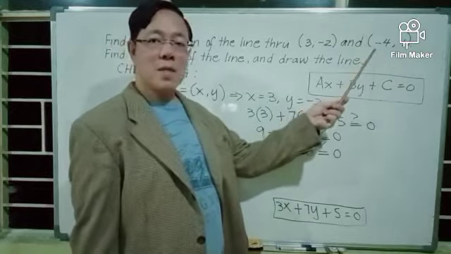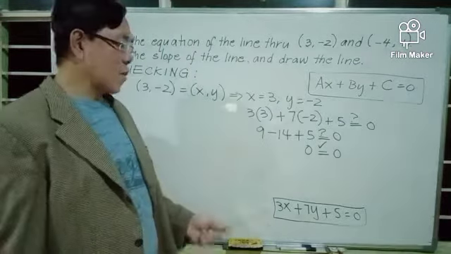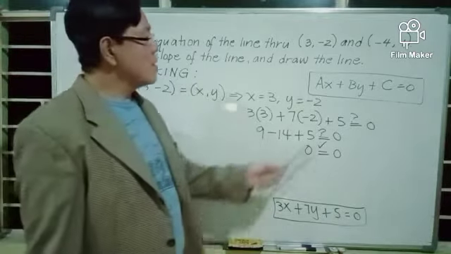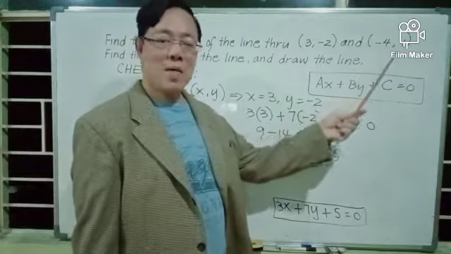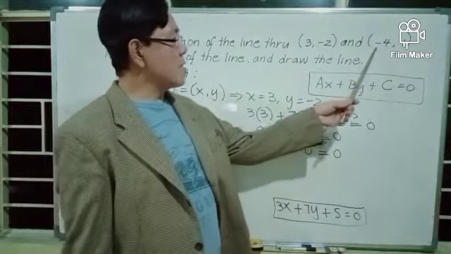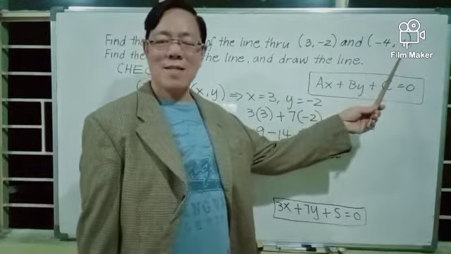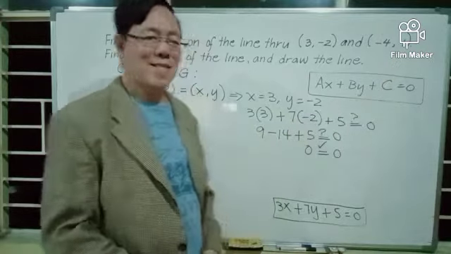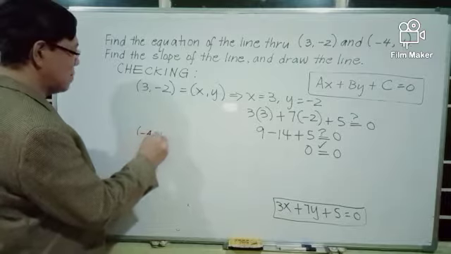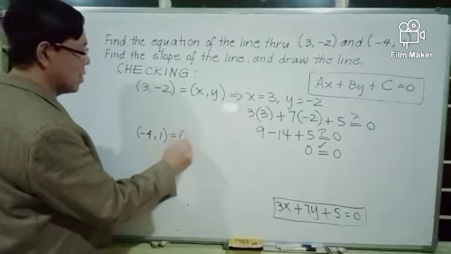If this point is on the line, the coordinates of this point must satisfy this equation. We take this point, negative 4, 1, as the point xy.